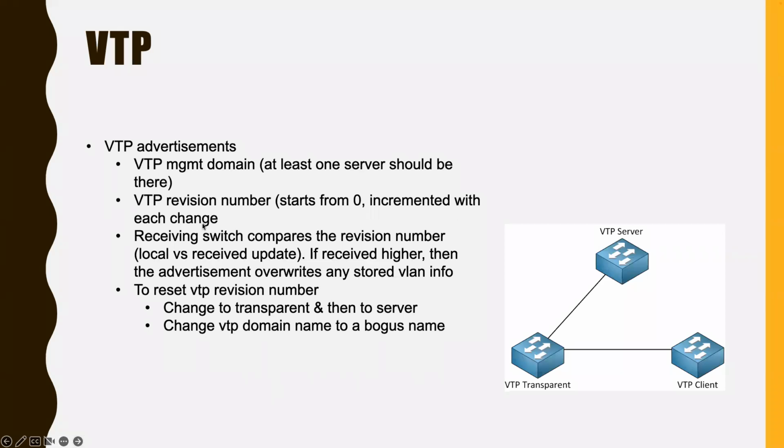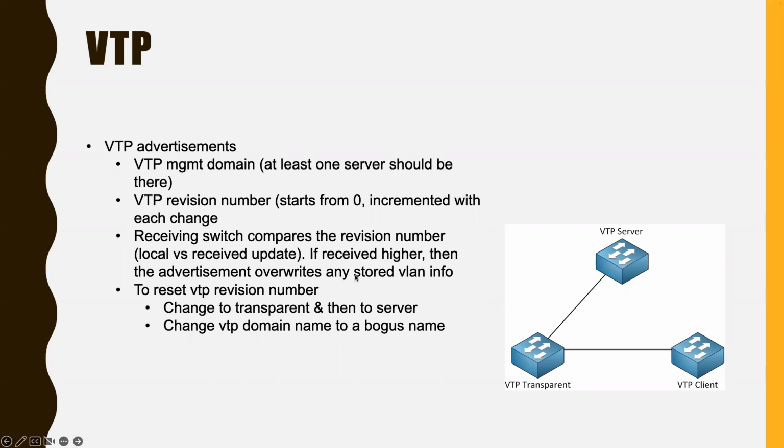The receiving switch compares the revision number in its local VTP information with what it has received in an update. If the revision number of the received update is higher, only then will it override its local information.